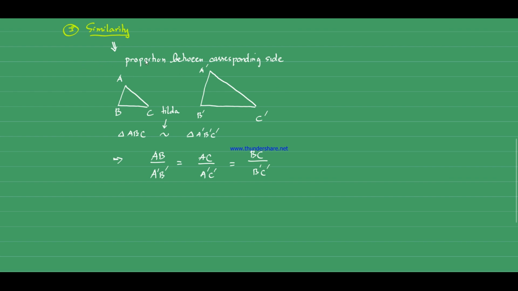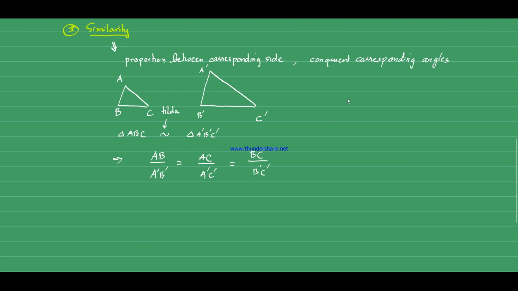So similarity implies proportion, and it implies congruent corresponding angles.